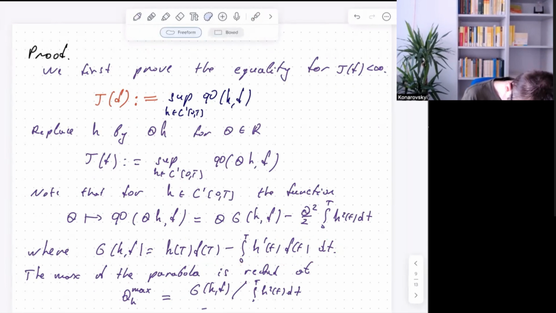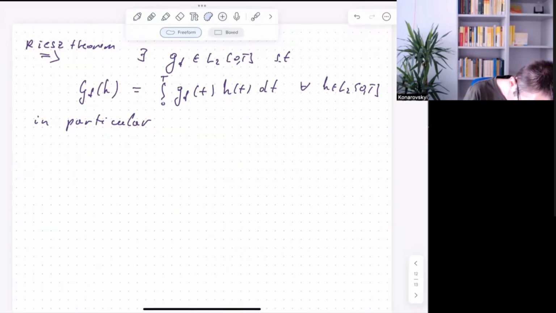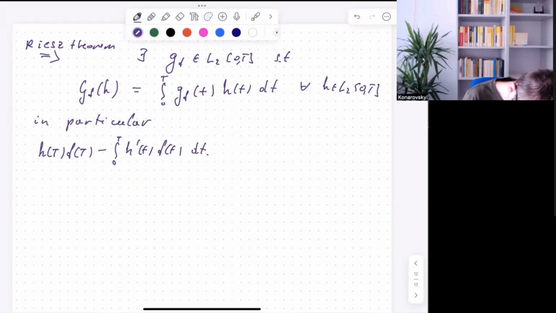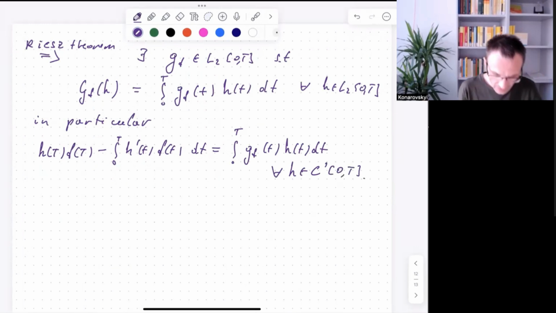Let me copy this function. That is this curl g, and it is equal to the integral from 0 to t of g_f(t) h(t) dt, and this is for every h from this dense subspace C1 of L2.